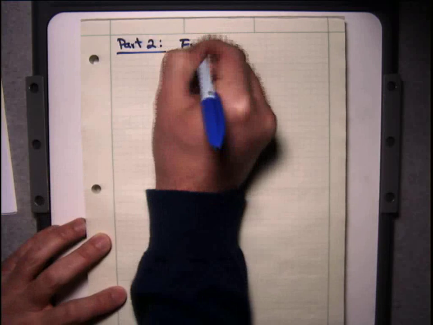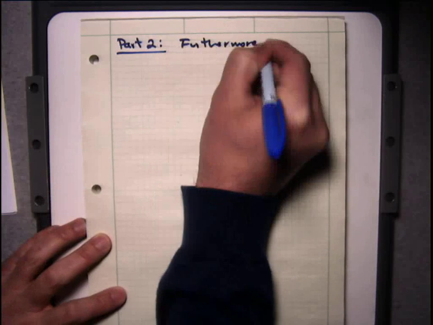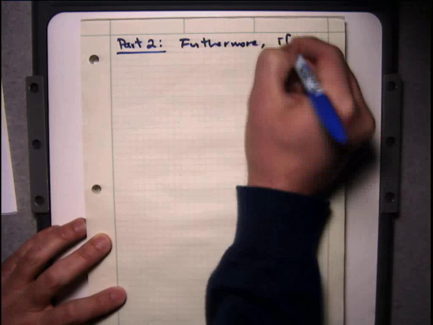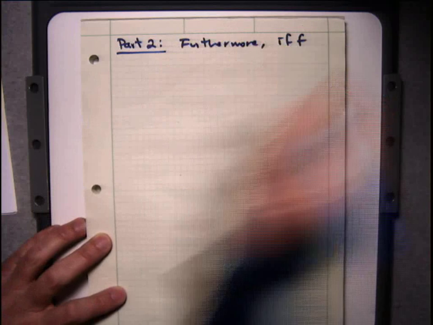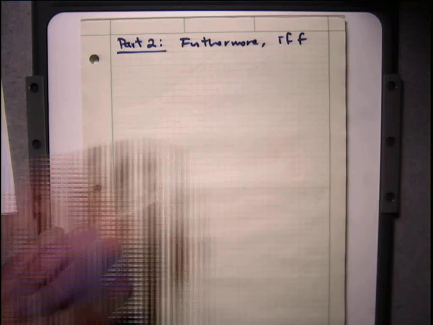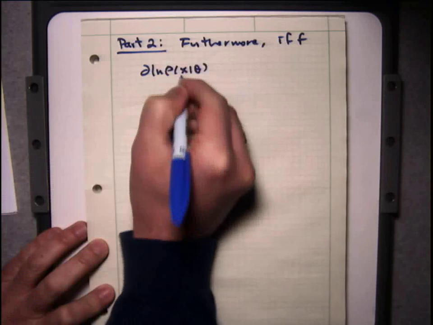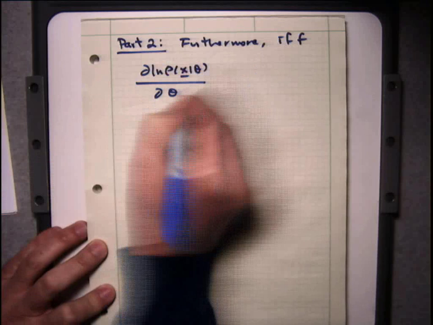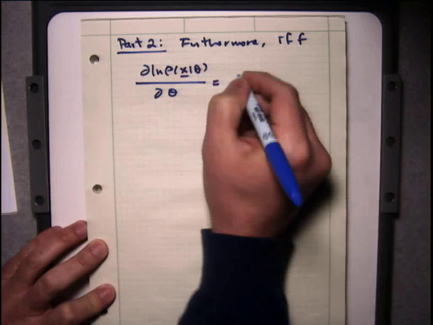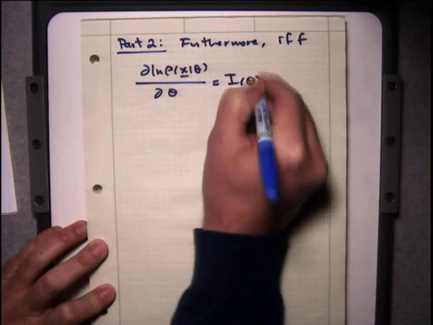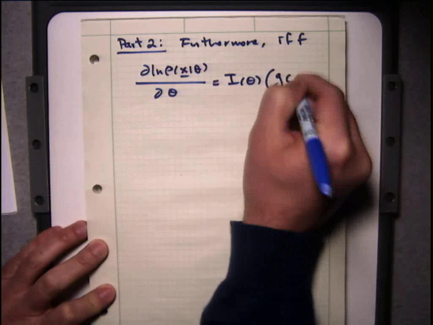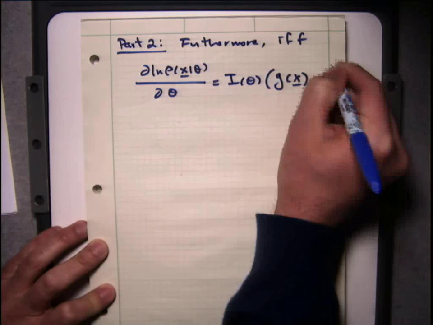Furthermore, if and only if, so we write IFF, this log likelihood function can be decomposed as follows: I of theta times some function g of x minus theta.